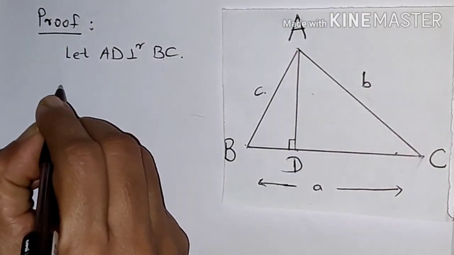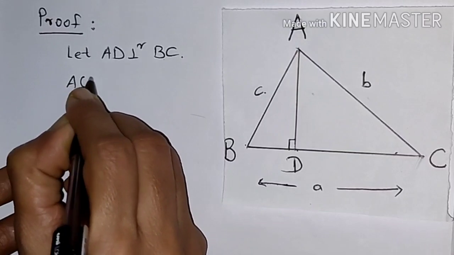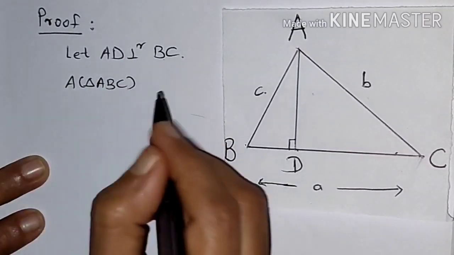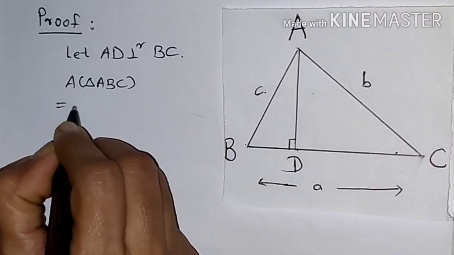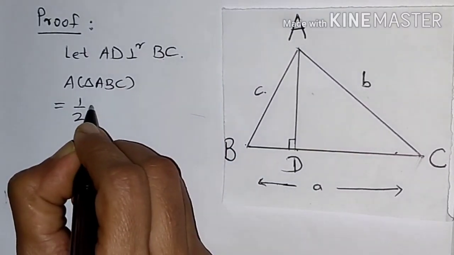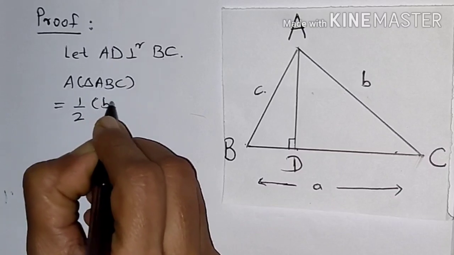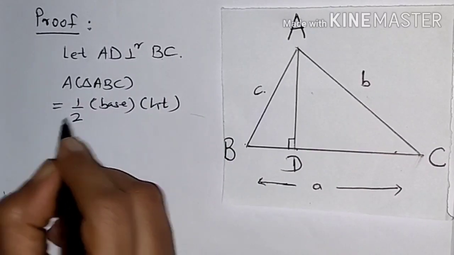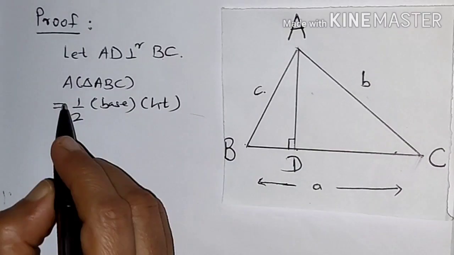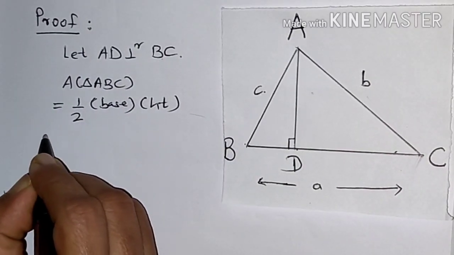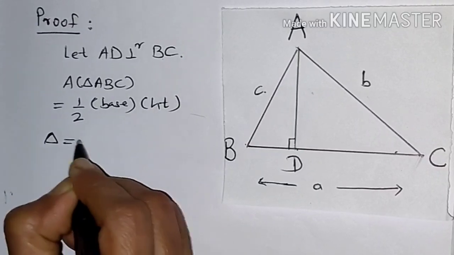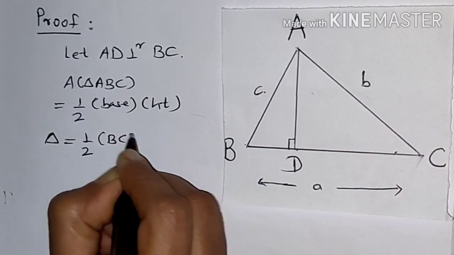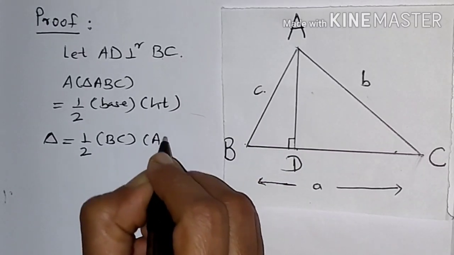So formula for area of triangle is, as we know, half base into height. So in this case, area of triangle ABC, if we denote this area with notation delta, then we get half. Base in this case is BC, height is equal to AD.